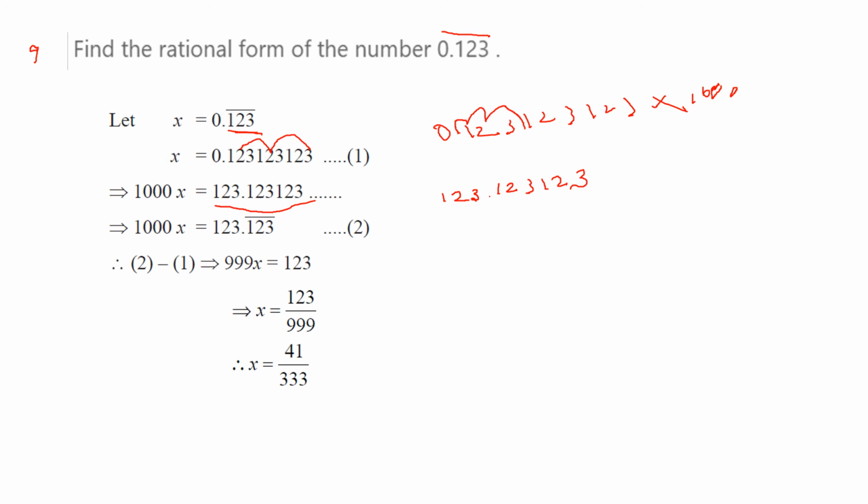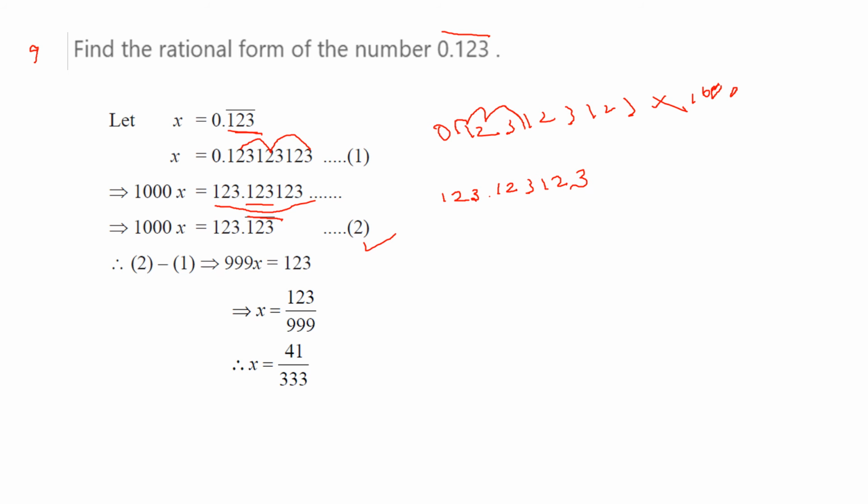Next step. So here the point after this 1 2 3 also we can write as bar. So 1000x equal to 123.123 bar. So next step, x equal to 0.123 is the first equation. 1000x equal to 123.123 is the second equation.